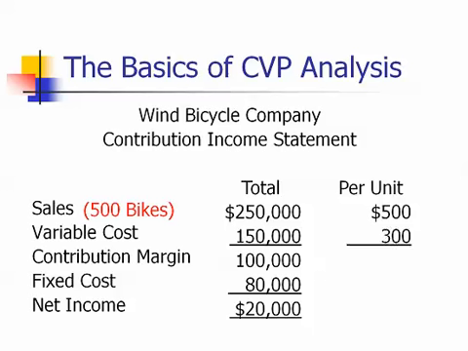The key figure then is the $200 in profit per bike we make. The $200 profit per bike isn't a bottom line net income type of profit, as we still need to cover our fixed cost of $80,000. Thus, we refer to the $200 as a contribution margin per unit. Let's go ahead and see where this contribution margin format will take us.